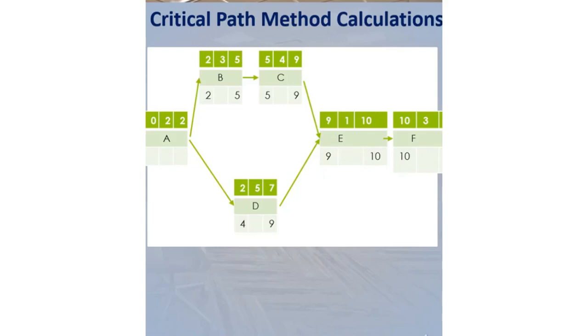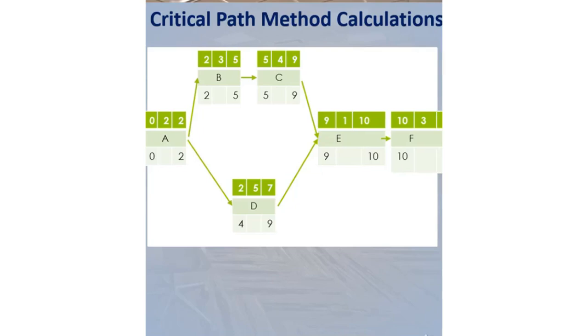What do you think? In forward pass calculations, we choose the largest value, but in backward pass calculations, we should choose the smallest value. Here, the LF value of A is therefore equal to 2. If we subtract the duration of A from this value, the LS value of A is calculated to be 0.